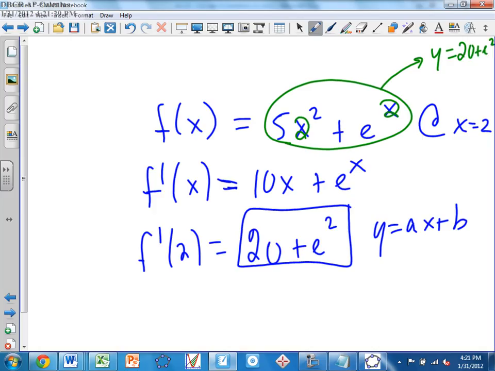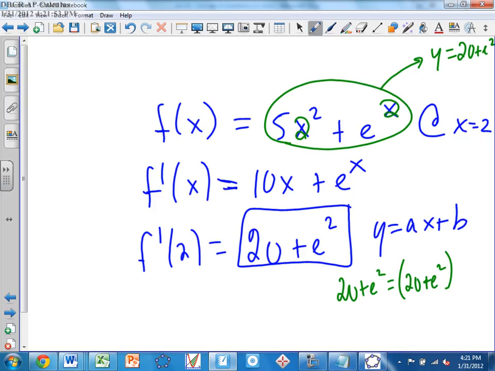So, over here, we've got 20 plus e squared equals, parentheses, 20 plus e squared, complete coincidence. The e squared is not really a coincidence, okay, because it's a 2, but the 20 happens to work out. If I chose 3 instead, it would have changed this number a lot. It would have made it 9, which is 45, and it would have made this 30. So it would have been 45 and 30, very different.